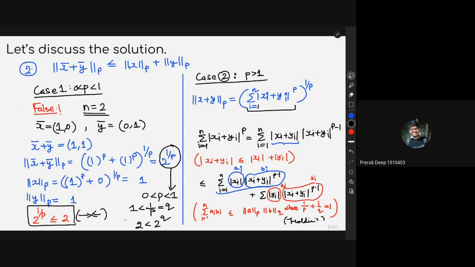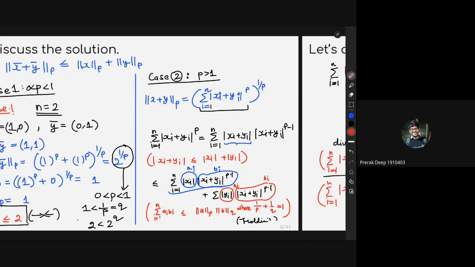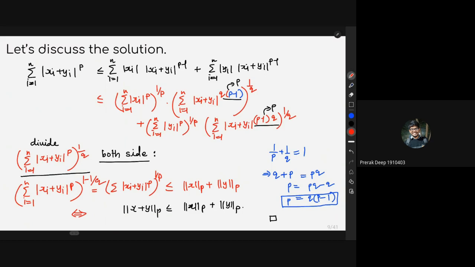That's why you cannot apply it. We have already seen that there is no way because there are contradictions. So this inequality doesn't hold in the case when p is from 0 to 1. That is not true. And for p greater than 1, we can use Holder's inequality to get the triangle inequality for the p norm. Any question?